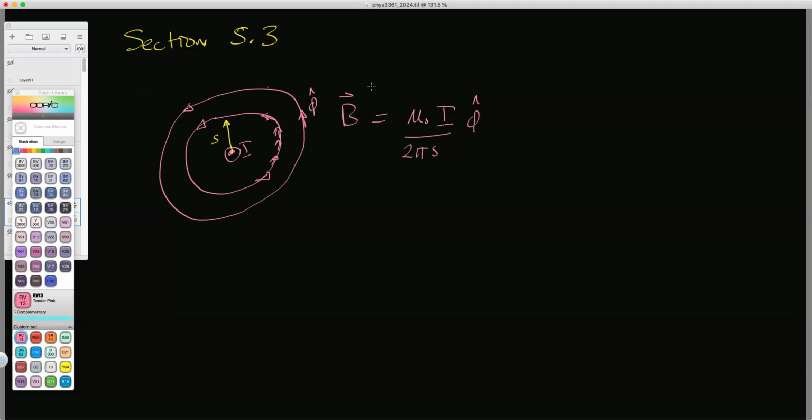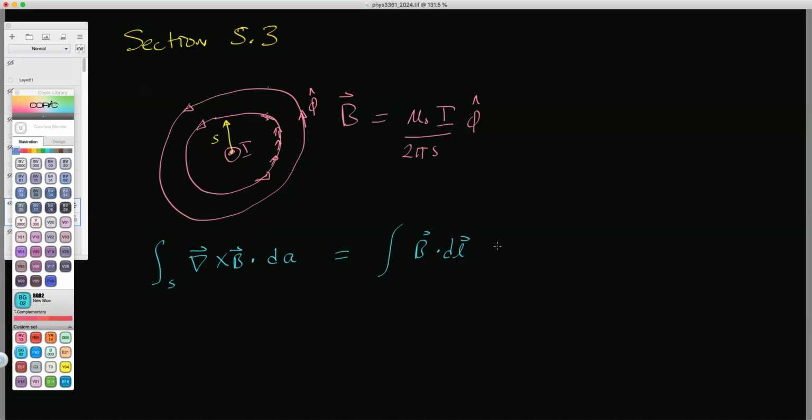Let's look at the curl equation. So I'm going to do the integral over a surface of del cross B dot dA. What am I writing ds for? Then this is going to be the integral of B dot dl.